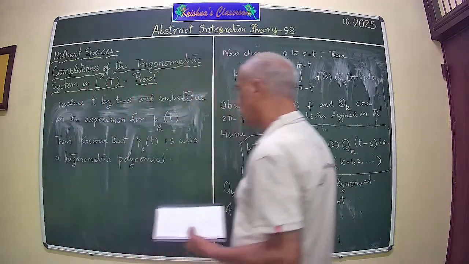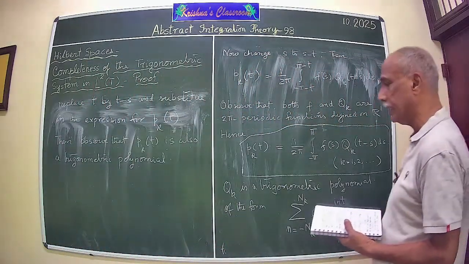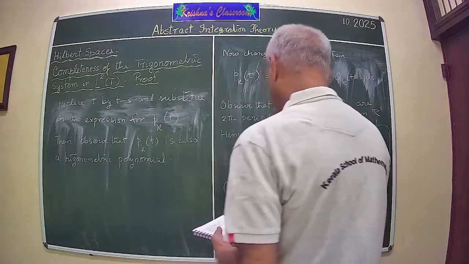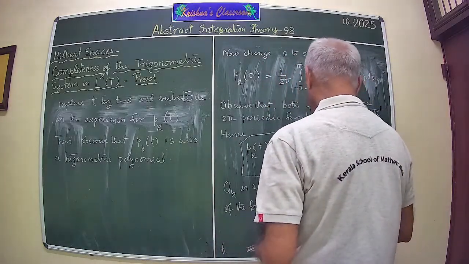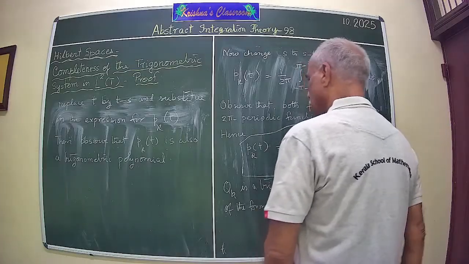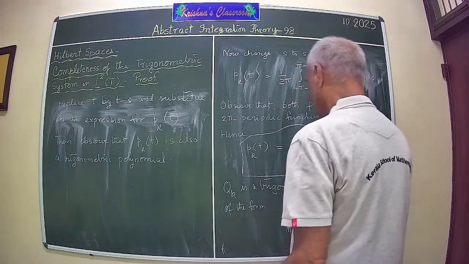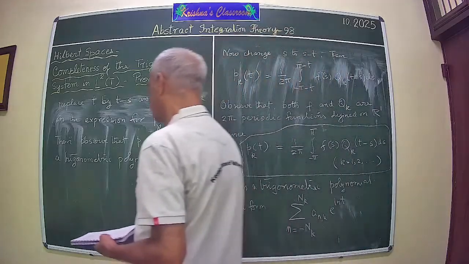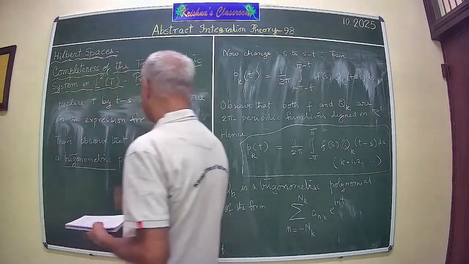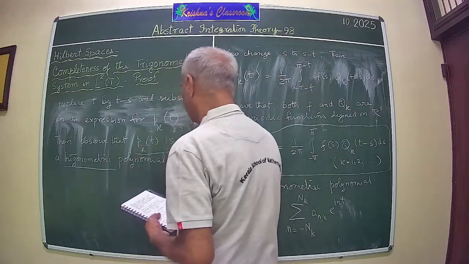Because you have e to the power INT coming out, and the other part will produce constants. So you get eventually a trigonometric polynomial. Therefore, this is a trigonometric. Okay. So PKT is also a polynomial.